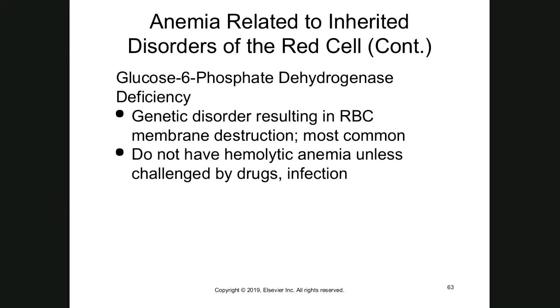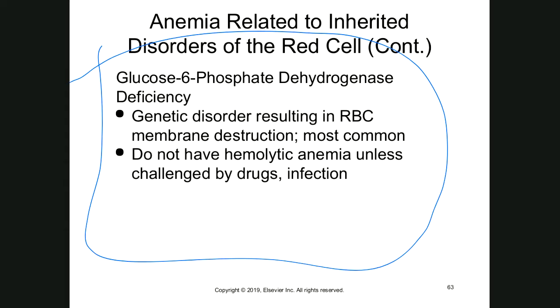Yes. This is one of my new questions for this session. The famous glucose-6-phosphate dehydrogenase deficiency, the interesting disorder, meaning that this is part of the multiple choice, meaning all these 2 bullets are coming in that multiple choice. Again, it's a genetic disorder that causes destruction of the membrane of the red blood cell, that is the most common, do not have hemolytic anemia unless challenged by drug or infection.